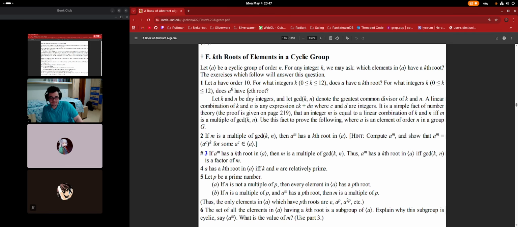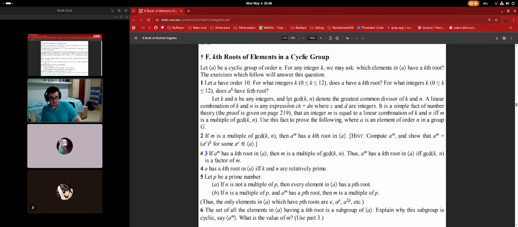And then let k and n be any integers, and consider the greatest common divisor of k and n. A linear combination of k and n is any expression ck plus dn, where c and d are integers. It is simple number theory that an integer m is equal to a linear combination of k and n if and only if m is a multiple of their GCD.